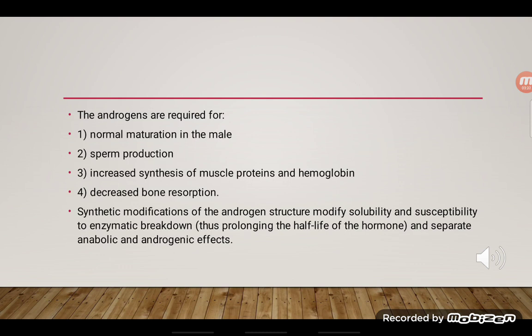There are some synthetic forms of androgens available, in which the structure is modified so as to prolong the half-life of the hormone and to give us products which have more androgenic or anabolic effects, depending on the condition that we want to use the androgens for.